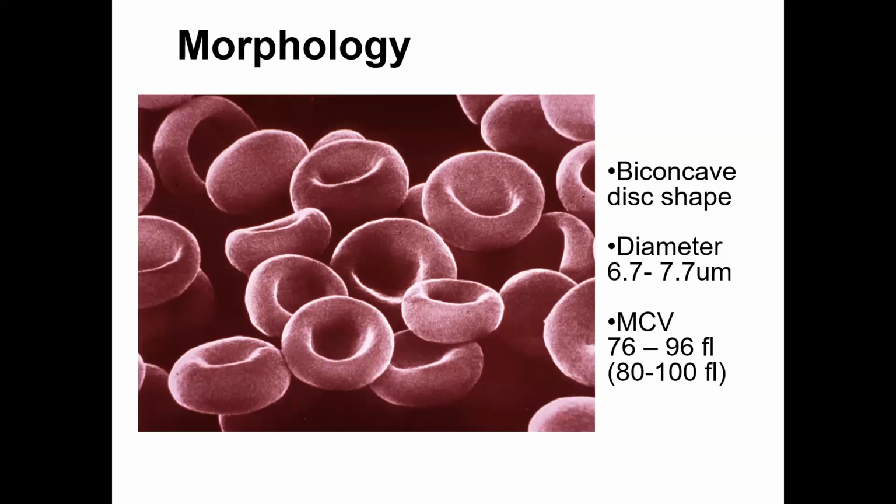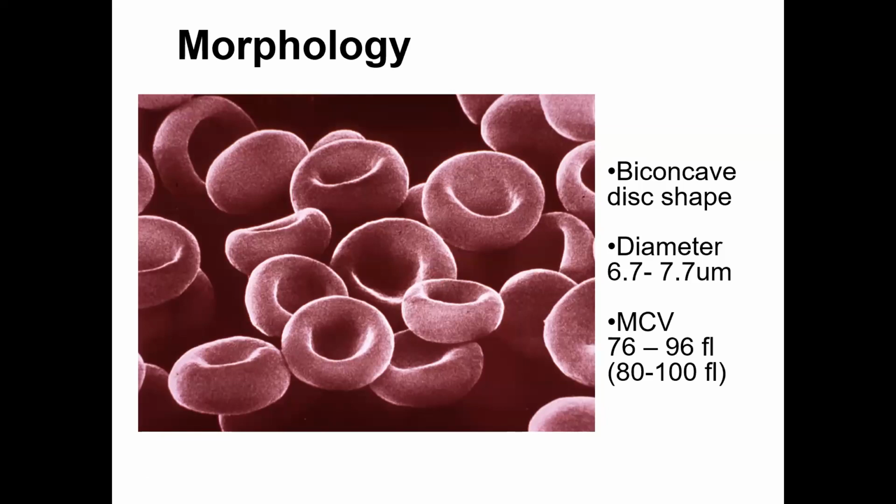And the reference range is 76 to 96 femtoliters. Okay, so take care that you know the unit. It is femtoliters. And the reference range sometimes is given as 80 to 100, depending on what cell counter one is using, okay?